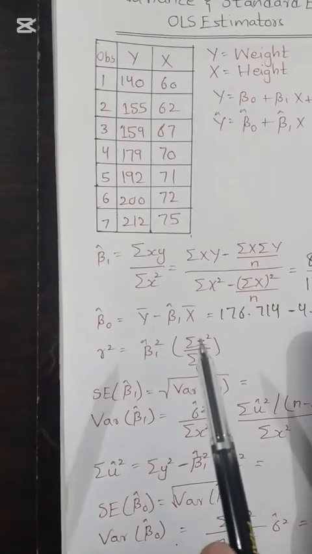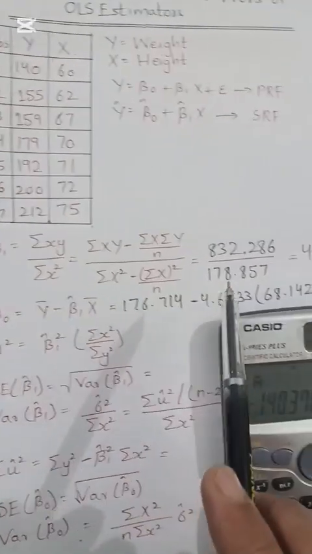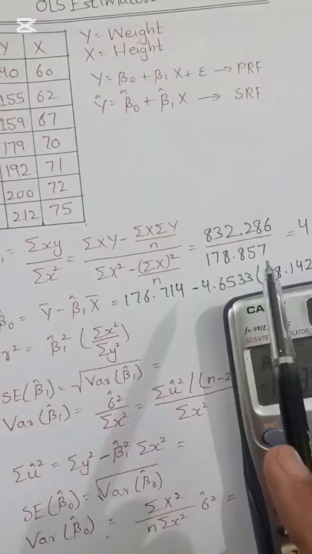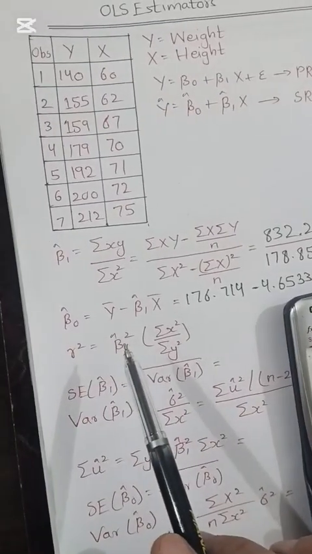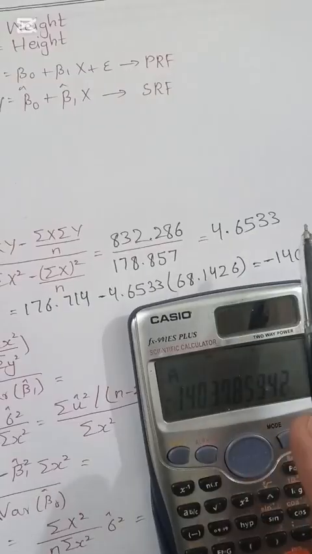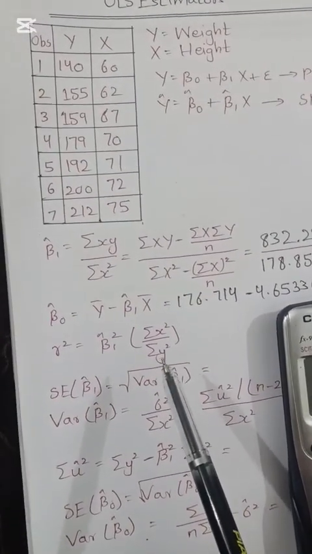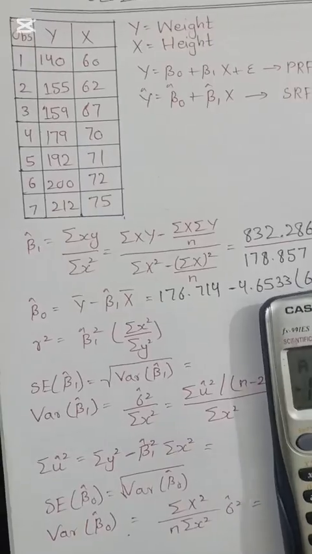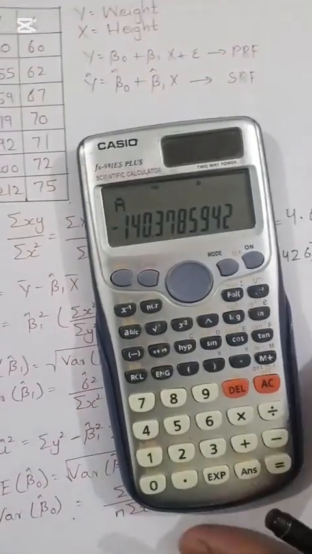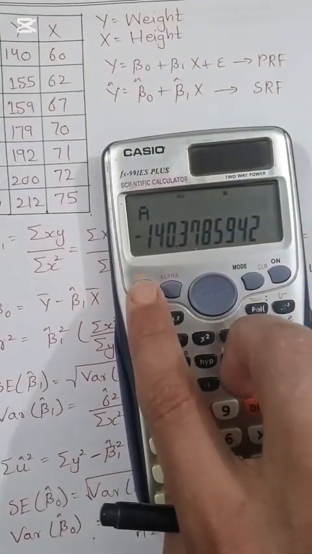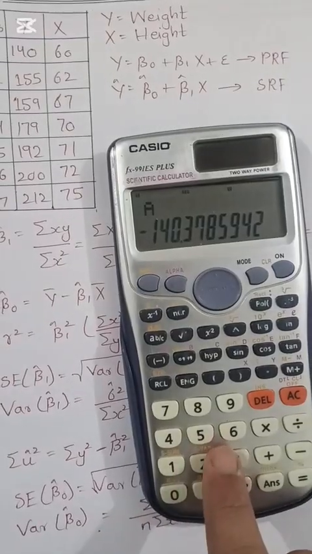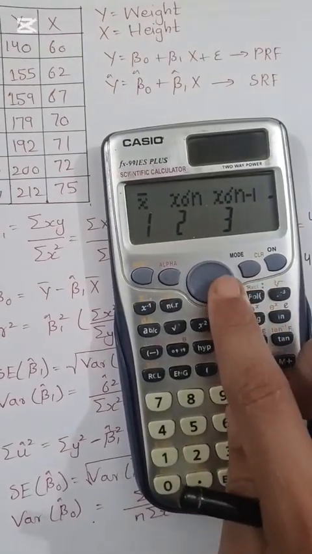We have already found the sum of x square here, which is 178.857, and we have already found beta 1 hat, which is 4.6533. We need to square it. After that, we need to find the sum of y square. How to find the sum of small y square? Go to shift and then press 2, then go to next.